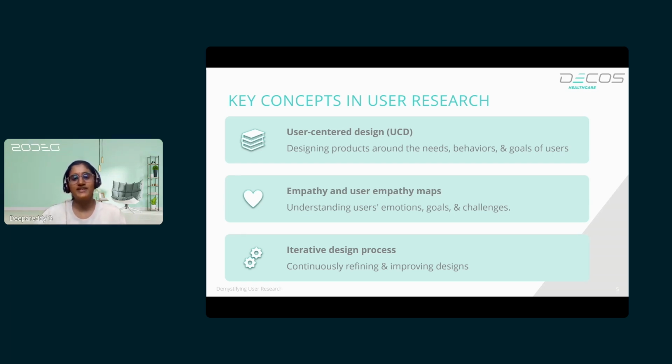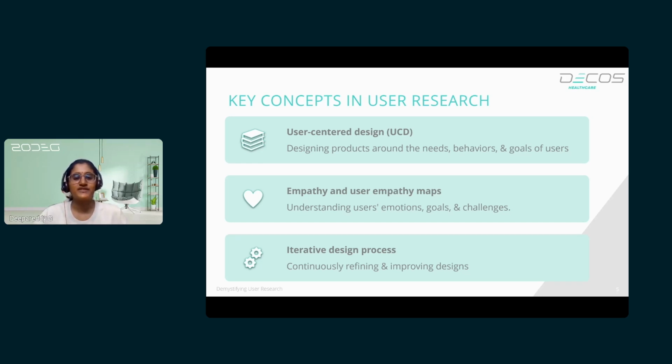This visualization helps designers identify pain points and motivations, thereby ensuring that their solutions are genuinely user-centric. By grounding decisions in real user perspectives, empathy maps can guide the creation of products that resonate with users on a deeper level.